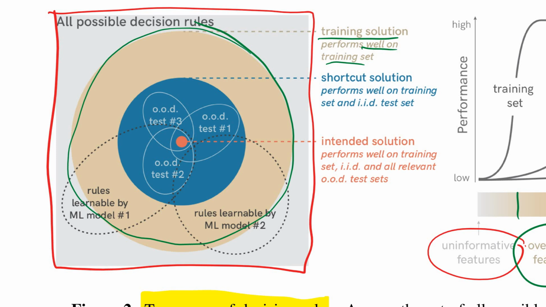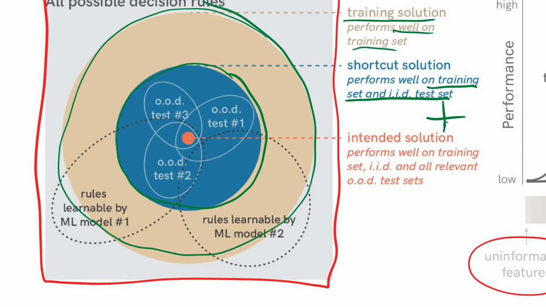Then the next circle, inside of that, are all decision rules that perform well on the training set and the IID test set. And this would be our location classifier from before, would fall into this category, right? And now these are still a much larger set, as you see here, than this inside set of the intended solution.